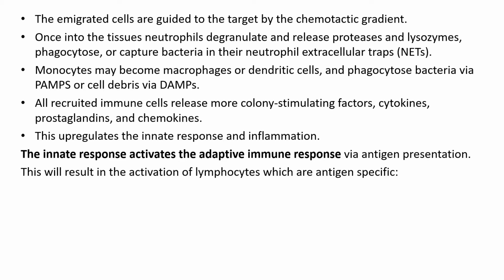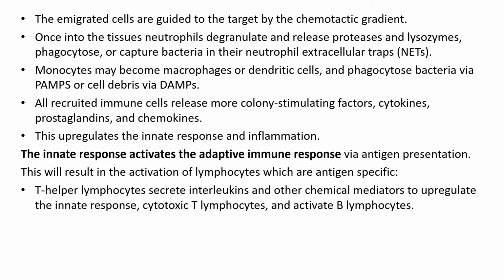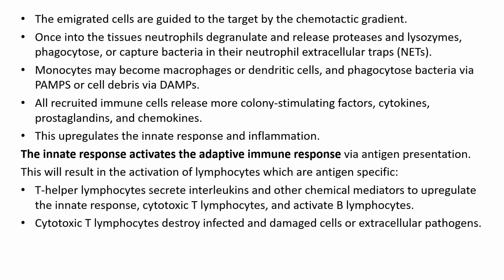So our lymphocytes, when they're activated, become antigen specific. So T helper cells secrete interleukins, other chemical mediators that help to upregulate the innate response. We also get cytotoxic T lymphocytes, TC cells, and we get the activation of B cells, B lymphocytes that then become plasma cells and secrete antibodies.